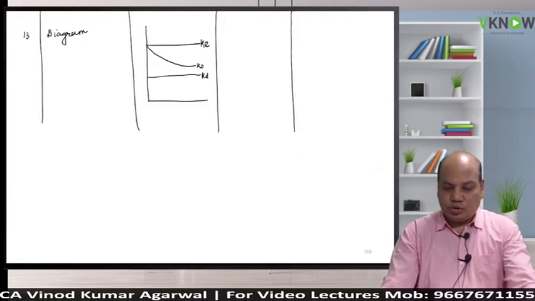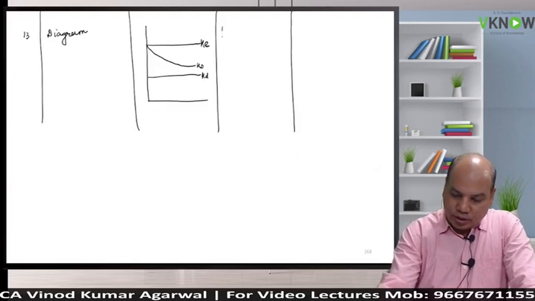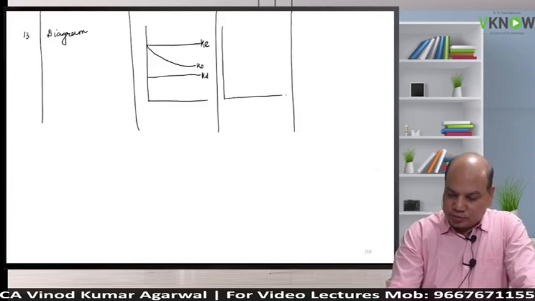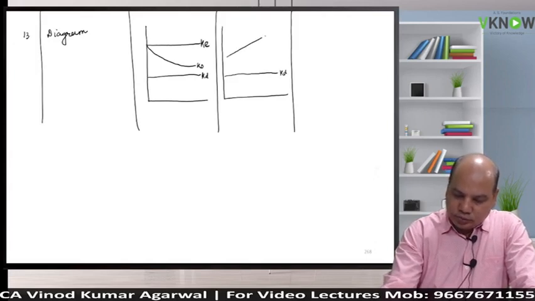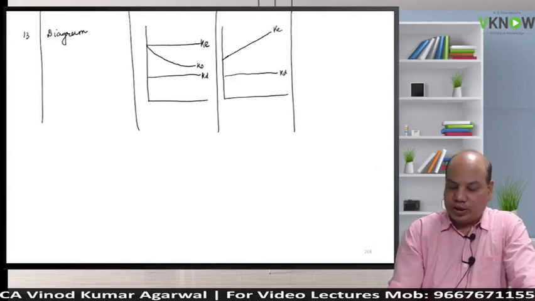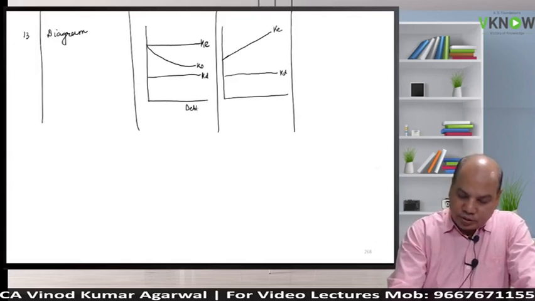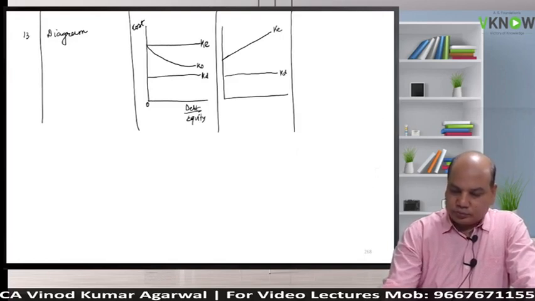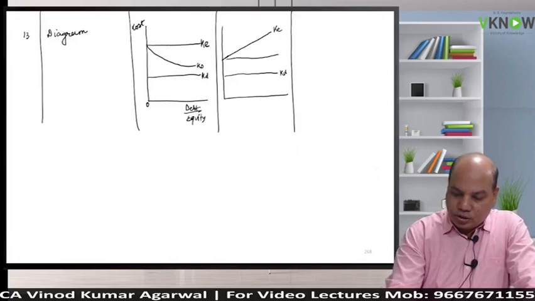Net operating income approach: KD is constant, KE will rise with the use of more debt. On the x axis we have debt equity and on the y axis we have cost. KO will remain constant here.